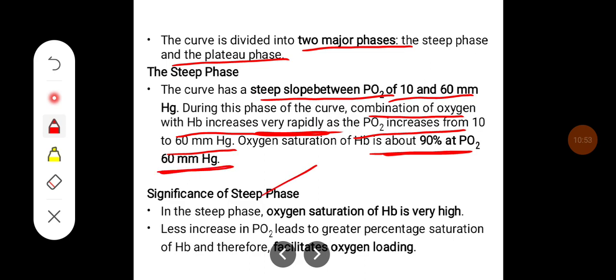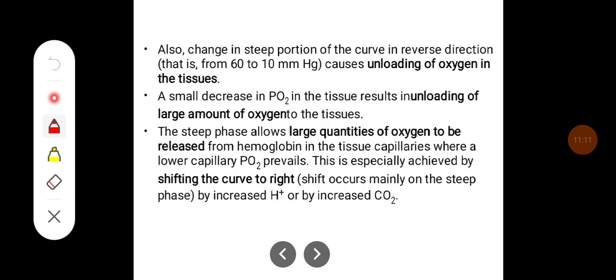So, what is the significance of this steep phase? In the steep phase, the oxygen saturation of hemoglobin is very high. A small increase in PO2 leads to a greater percentage of saturation of hemoglobin and therefore facilitates oxygen loading. Also, change in the steep portion of the curve in the reverse direction, that is from 60 to 10 mm Hg, causes unloading of oxygen in the tissues.